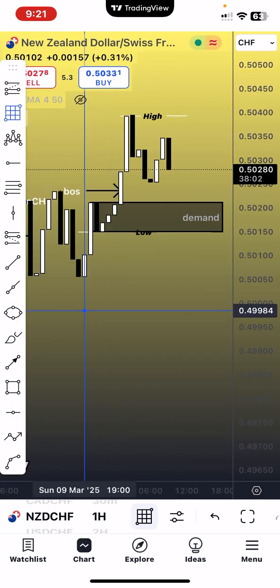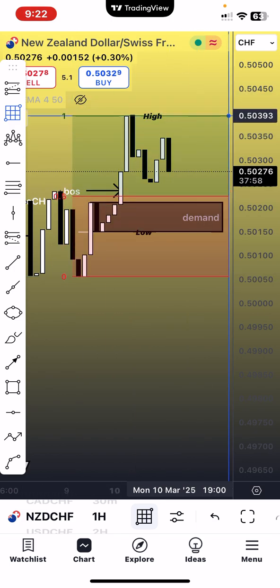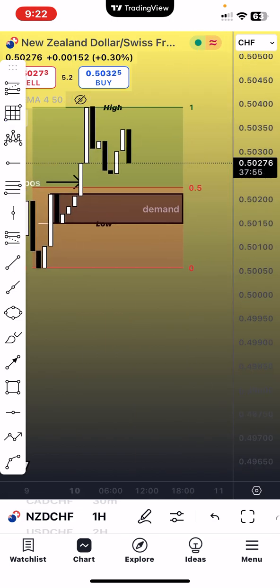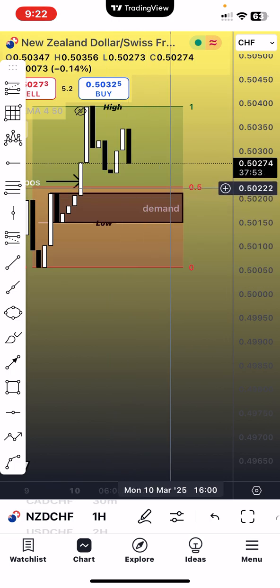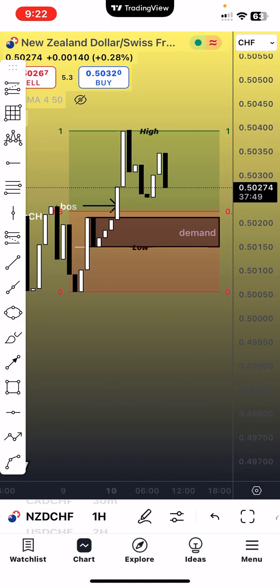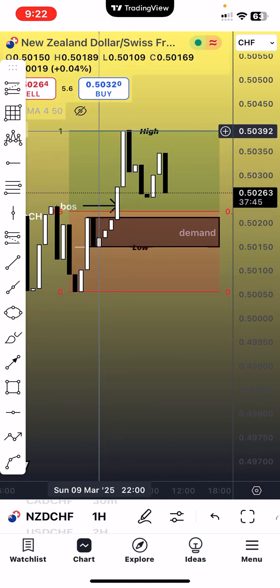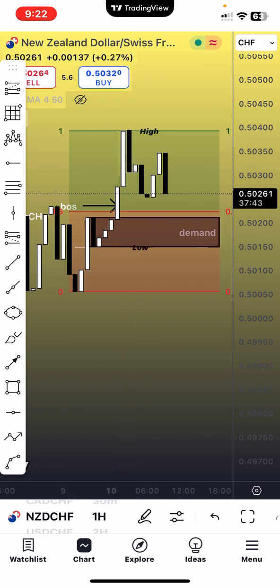So this lets us know that this is a valid trade, because you want to be buying at a discounted area, which is below the 50%, which this is. You don't want to be buying at a premium. You want to be selling at a premium. Or think like a realtor: sell when it's high and buy when it's low.